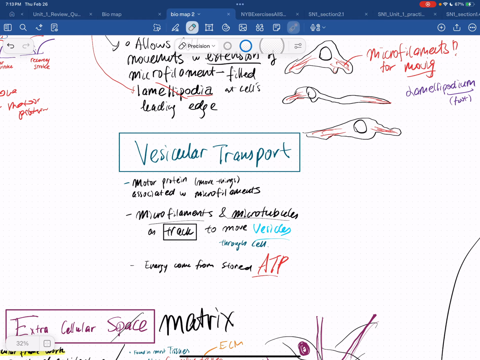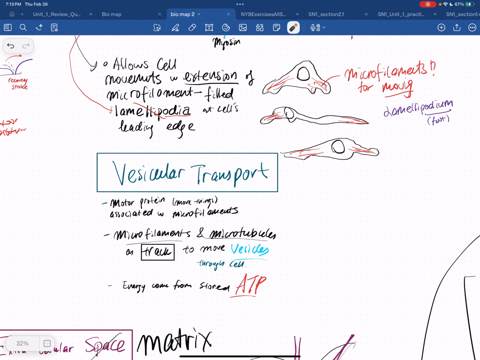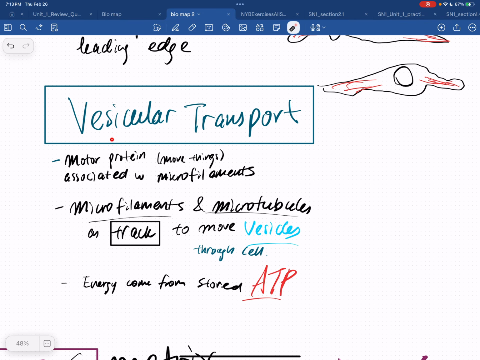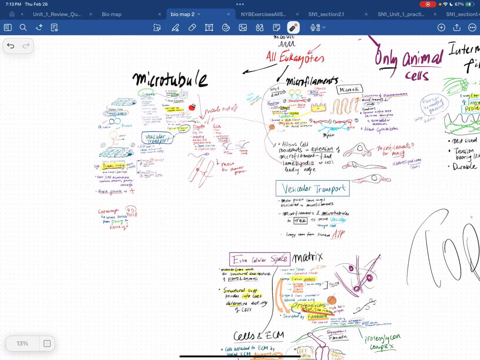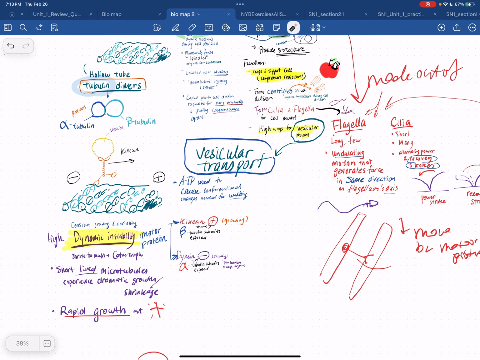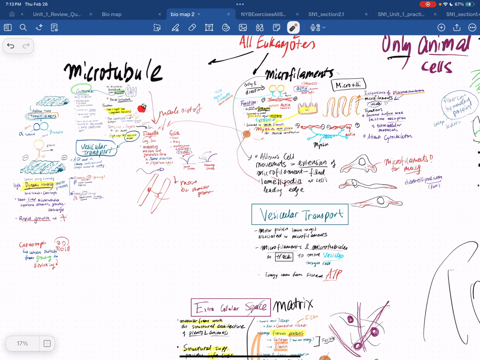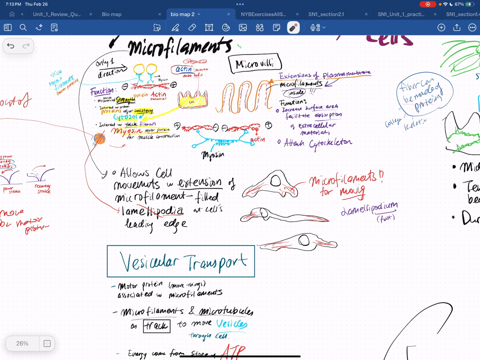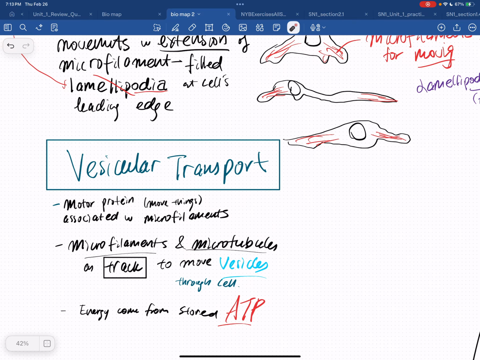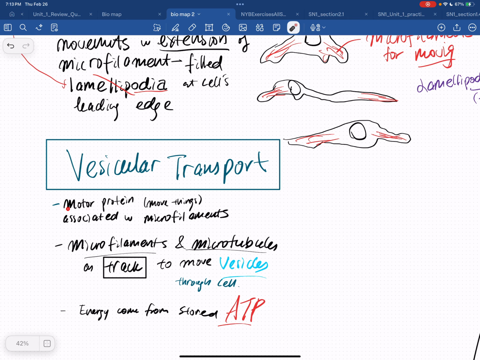Lamellipodium just means walking of these cells due to microfilament stretching and compressing. They are also able to do vesicle support. Vesicle support was done over here by the kinesins and dyneins, but microfilaments also do some. I should say they totally do, actually.